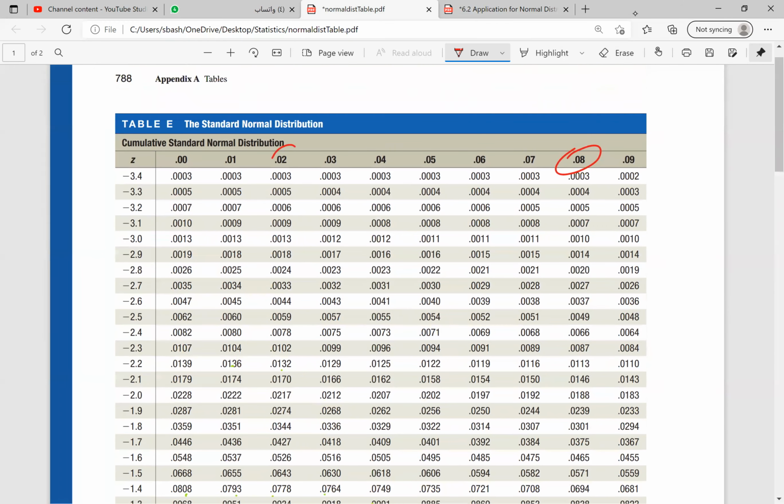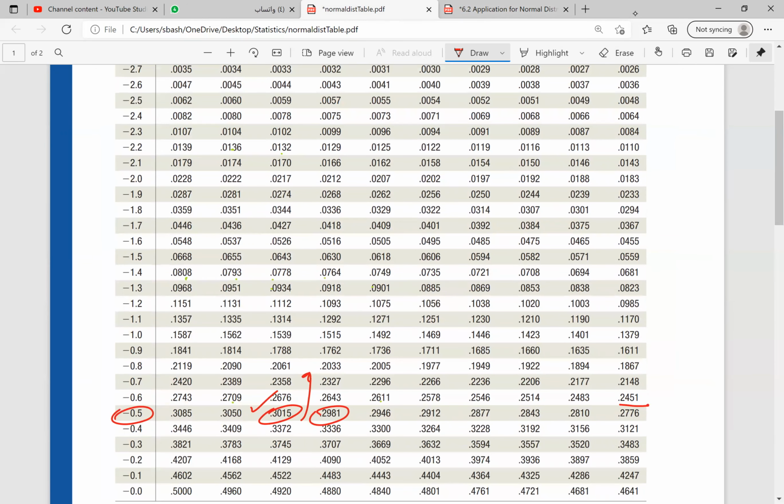This is between 0.02 and 0.03, that will be 0.025. If I want to be more accurate, I will choose the middle, that will be 0.025. So we can choose this one.